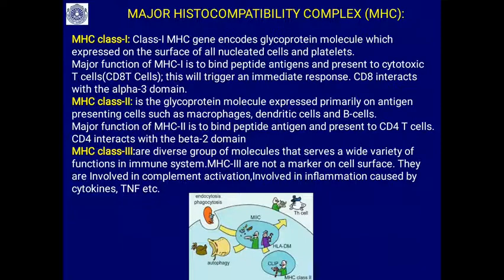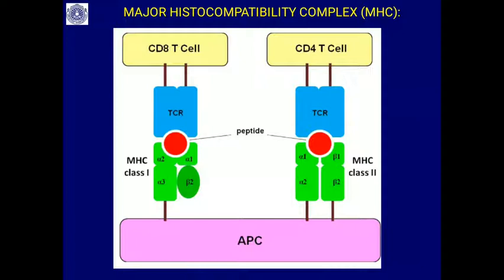Then MHC class 3 is a diverse group of molecules. These MHC molecules alert or activate complement activation and are involved in the inflammation caused by the cytokines and tumor necrosis factors and so on. So this is the antigen presenting cell, the macrophage.